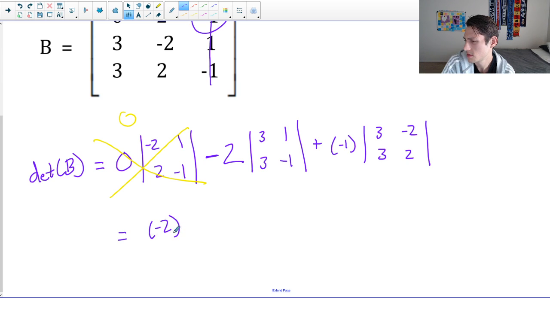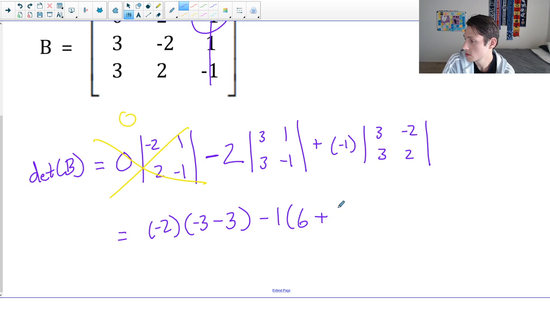So negative 2. This determinant, so multiply 3 times negative 1 is negative 3. Minus 3 times 1, which is 3. Plus negative 1, so I'm just going to write that as minus 1. Right. 3 times 2 is 6. Minus 3 times negative 2 is negative 6. So minus negative 6.